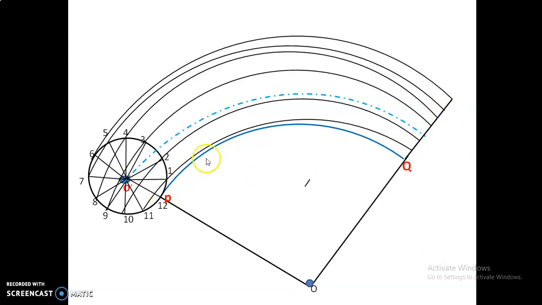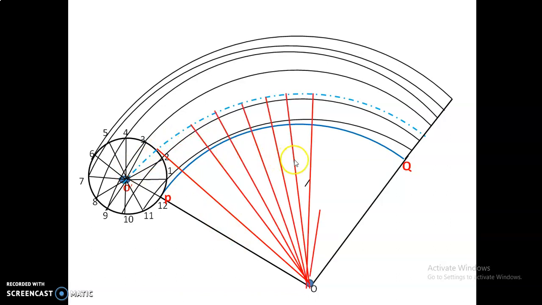Next, divide the PQ arc into the same number of equal parts, 12 equal parts. The angle between these two lines is 96 degrees. If we divide this 96 degrees angle, we get each part as 8 degrees. So this is the 8 degrees line. With the help of a divider, mark the remaining parts.